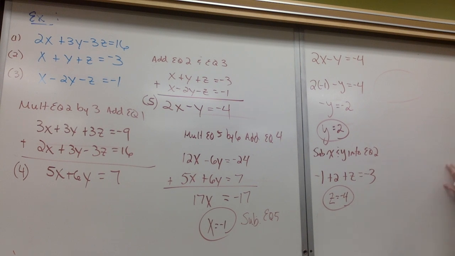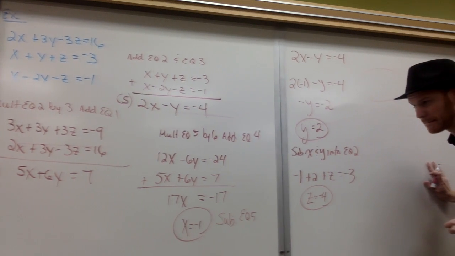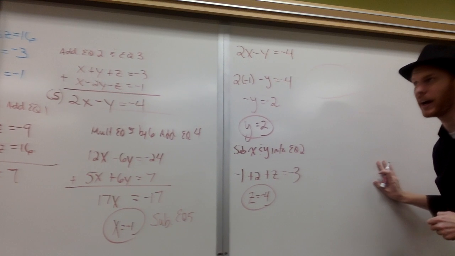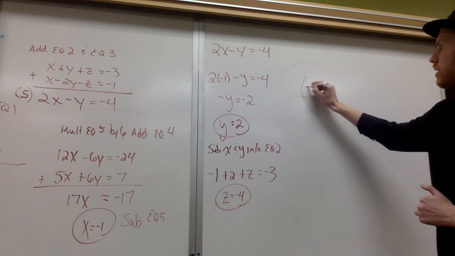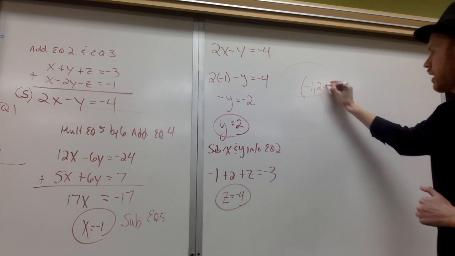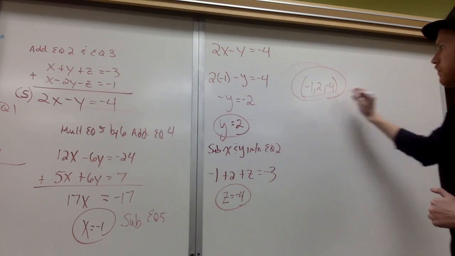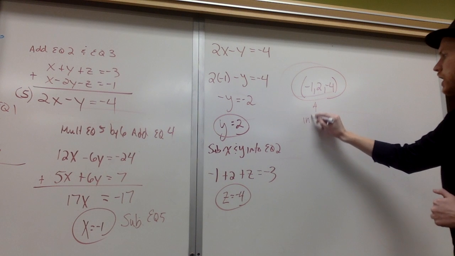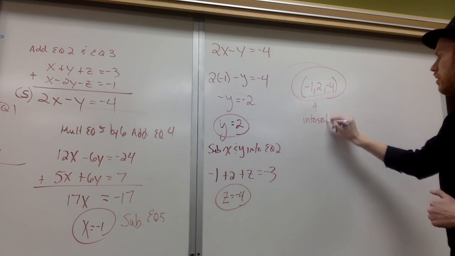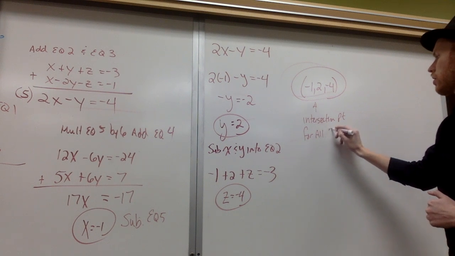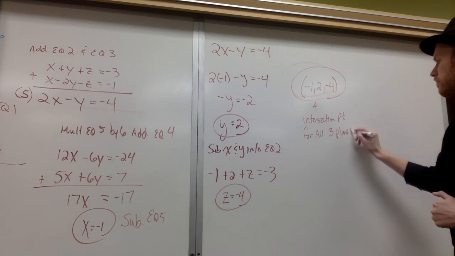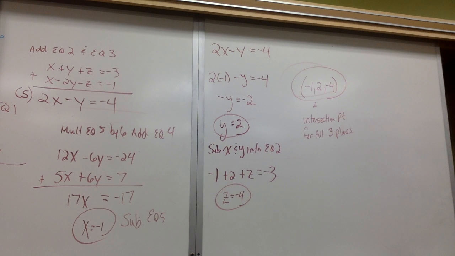All right, so then what I should do, goodbye, so long to those equations. Put this together, -1, 2, and -4. Boom. So this is the intersection point for all 3 planes. Okay?